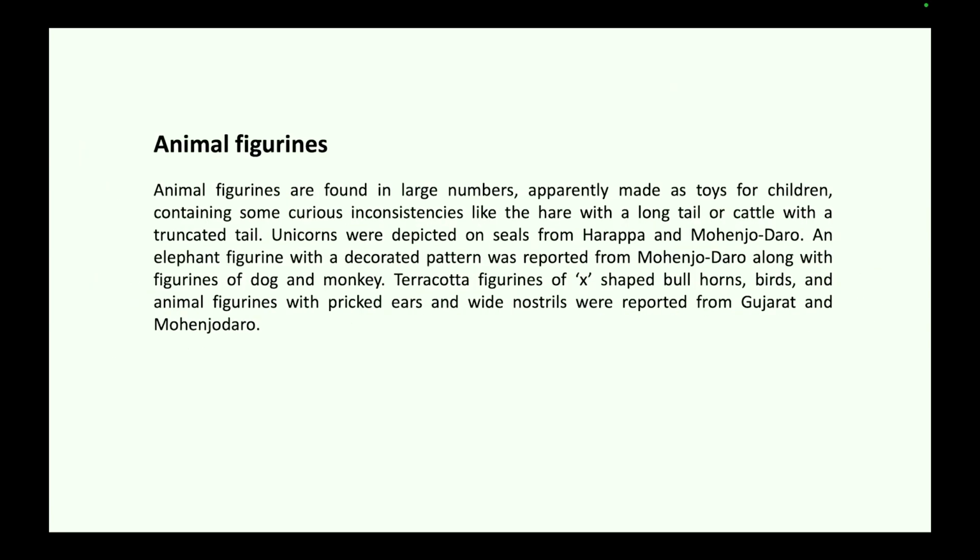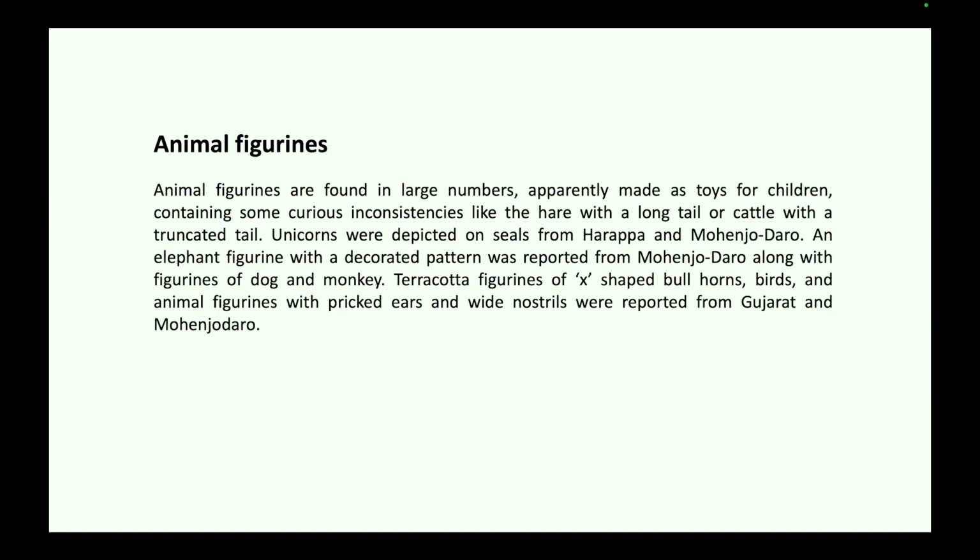Animal figurines. Animal figurines are found in large numbers, apparently made as toys for children, containing some curious inconsistencies like the hare with a long tail or cattle with a turned tail. Unicorns were depicted on seals from Harappa and Mohenjo-daro. An elephant figurine with a decorated pattern was reported from Mohenjo-daro along with figurines of a dog and monkey.